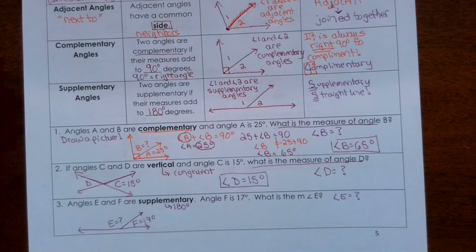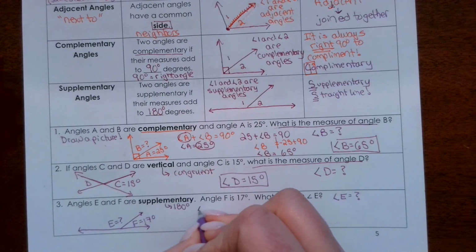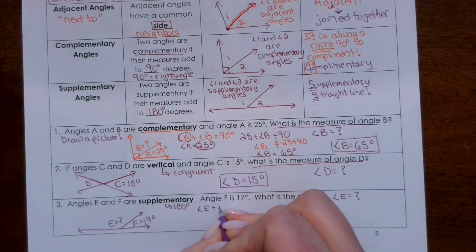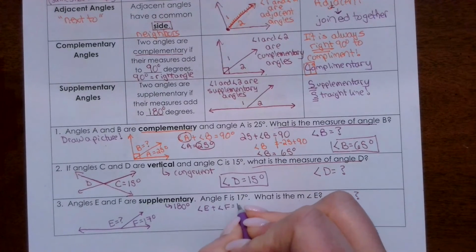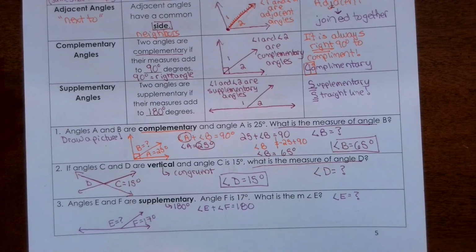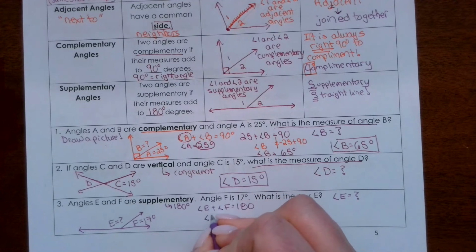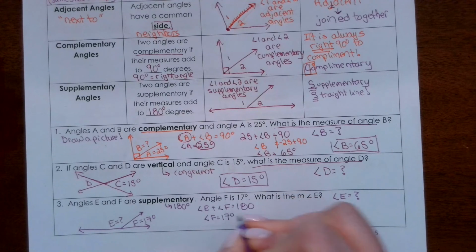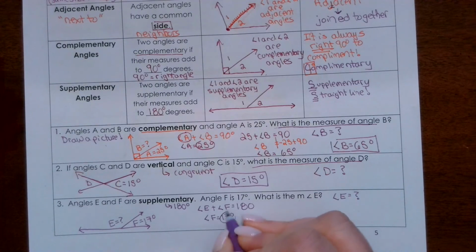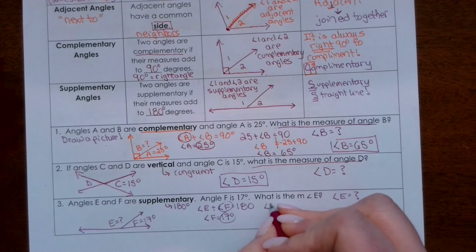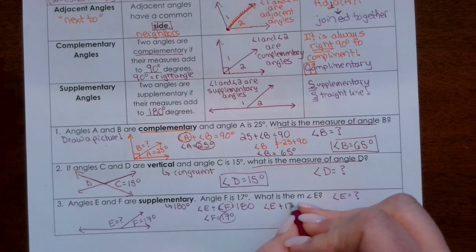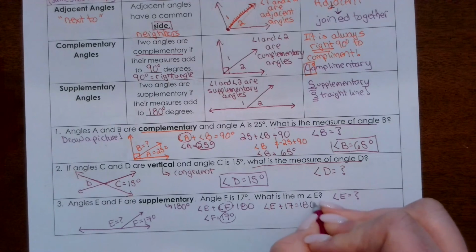Well, let's set up an equation. So I know together angle E plus angle F will equal 180. I know that angle F equals 17 degrees, so I'm going to substitute the 17 in for that. I've got angle E plus 17 equals 180.